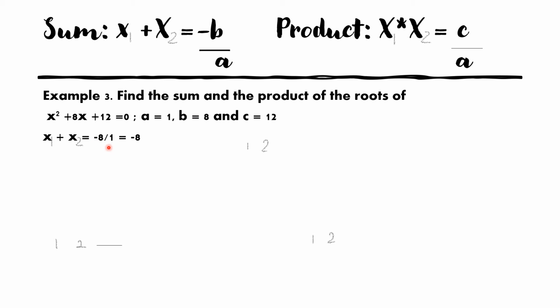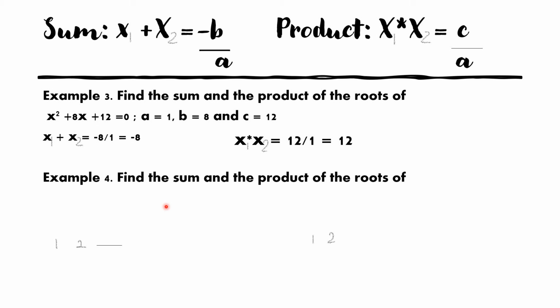Okay, then 1 is A divided, so divide mo lang, that is negative 8. Product of the roots, multiply mo lang, x sub 1 times x sub 2, ano yung formula natin? C over A. So 12 over 1, that is 12.